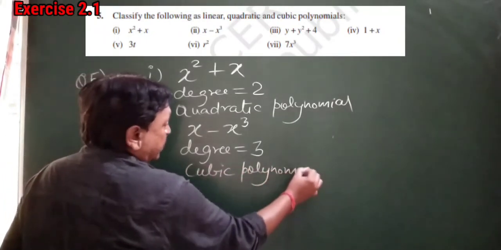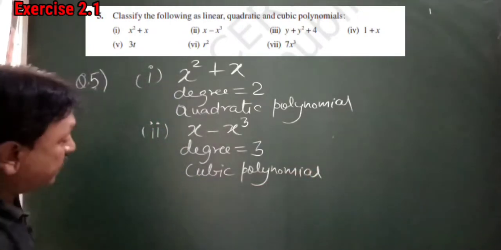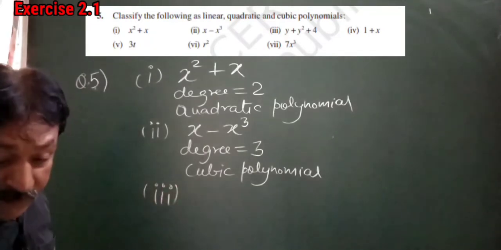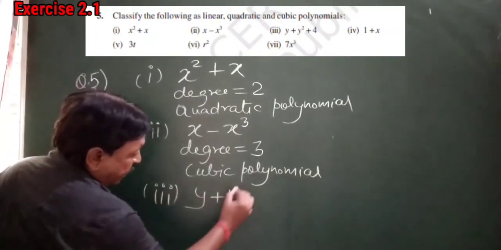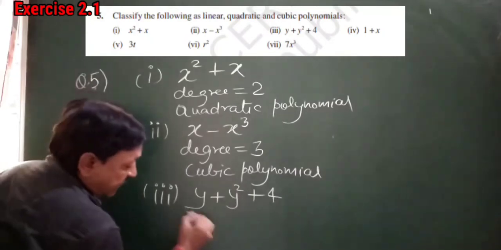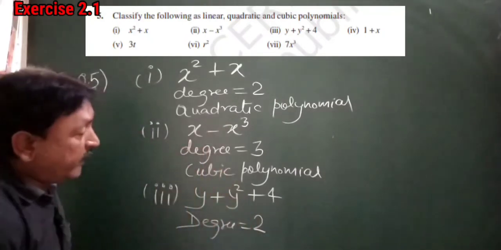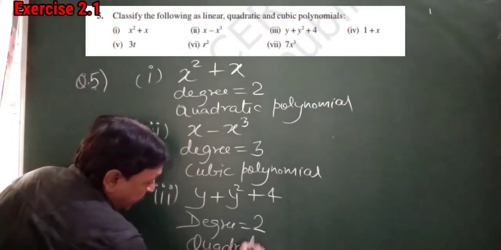Just see one more part, part third. In part third, it is written y plus y square plus 4. So what is the degree here? The degree here is 2, so it is a quadratic polynomial.